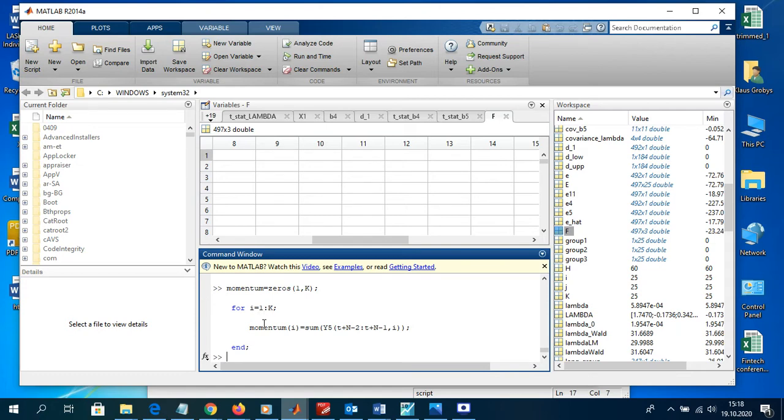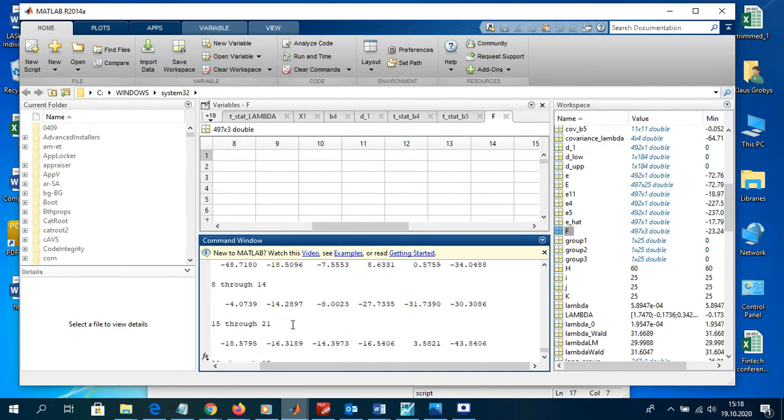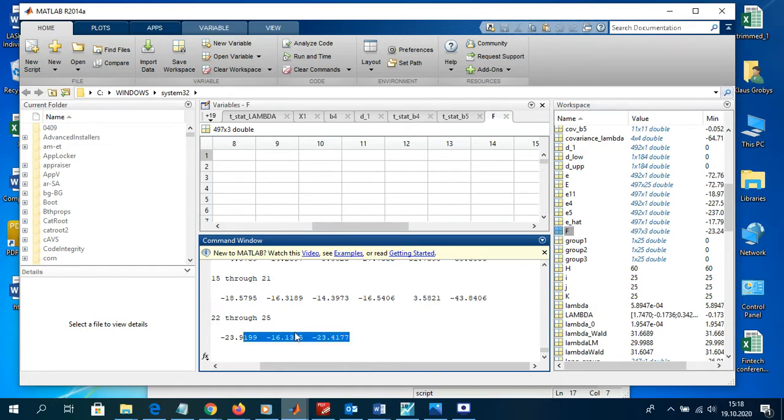And now what we see here in momentum, in this vector that we created that had zeros, when we stored the information in here, what do we find? It gives us the corresponding vector that we want to have.